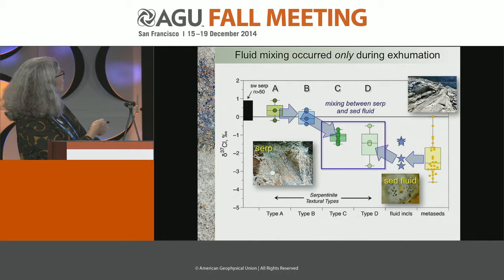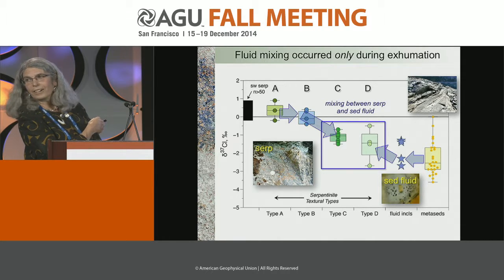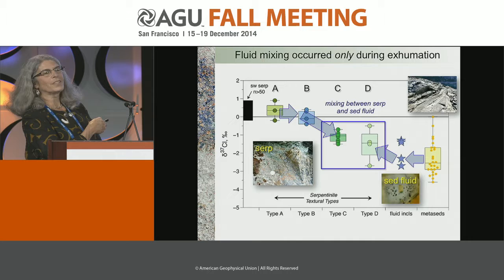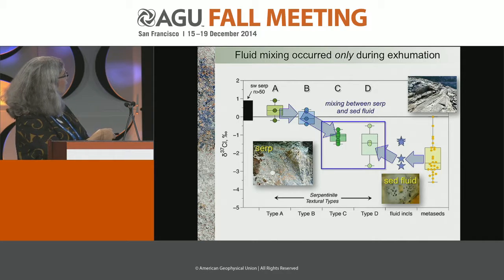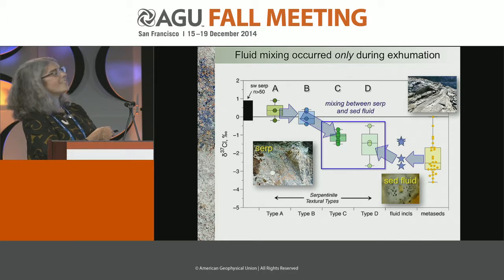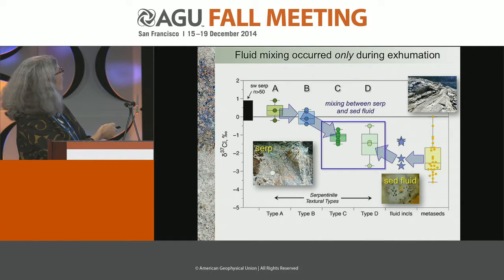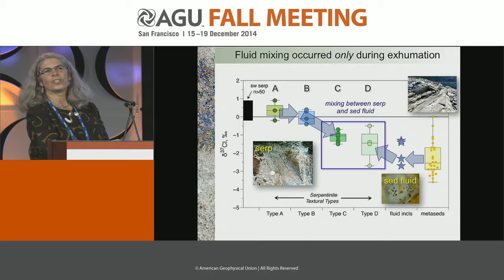But as the rocks turn the corner and start their path back towards the surface in the subduction channel, fluids seem to have been released by metasediments in the same sequence, and those fluids have interacted with the earlier serpentinites and have lowered the isotopic composition.